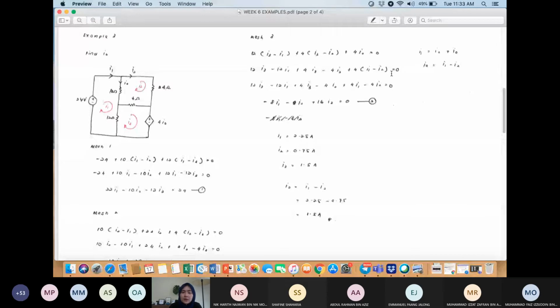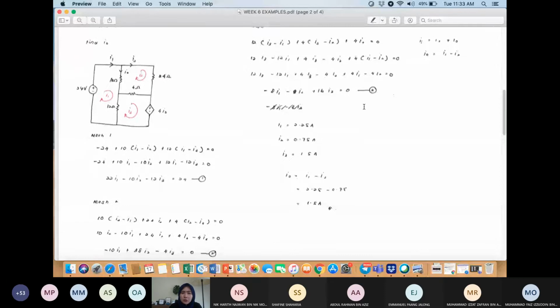Then only you can get the final simplified equation, which is negative 8I1 minus 8I2 plus 16I3 is equals to 0. Then only you can solve for the simultaneous equations. If you do not change this, you cannot solve for the simultaneous equations using the calculator.